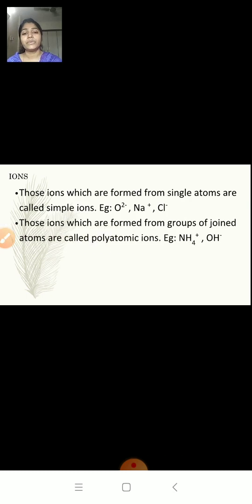And the ions which are formed from a group of joined atoms are called polyatomic ions. Example, NH4+ and hydroxide ion. Now we will learn more about polyatomic ions in the coming video.